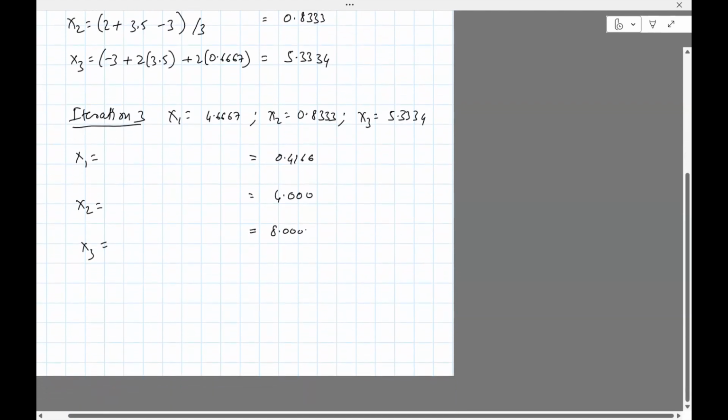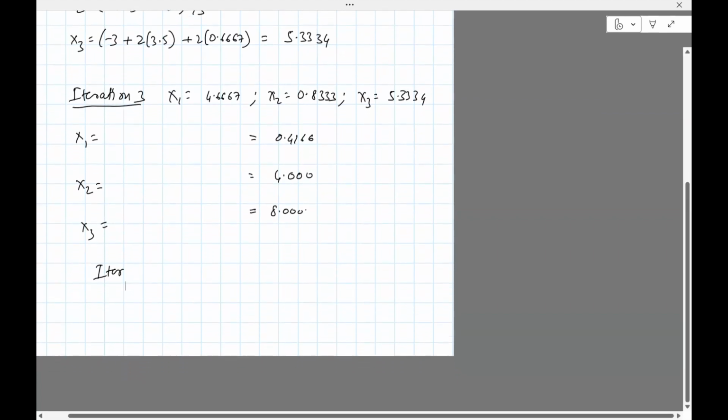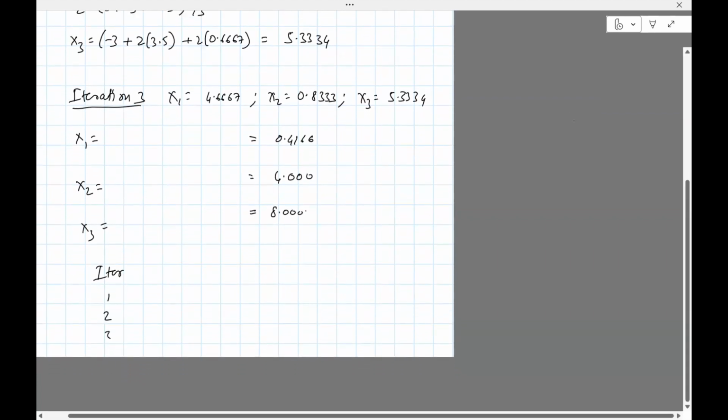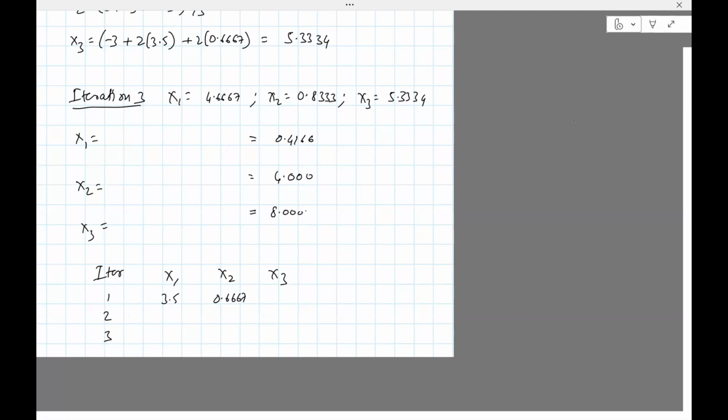And then what I would expect you to do for the exam, or the homework, is put a table so it's very easy for us to check your answers. So 1, 2, 3, x1, x2, x3, 3.5, 7.